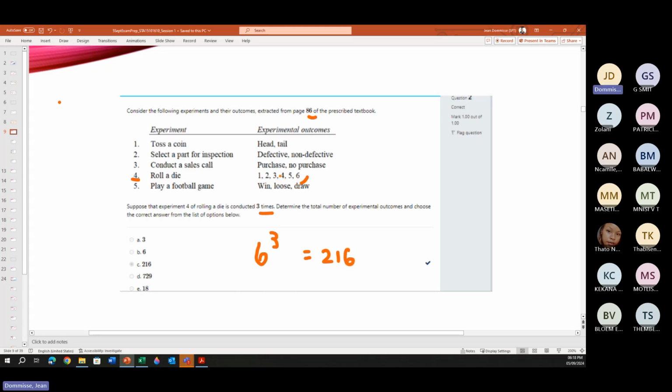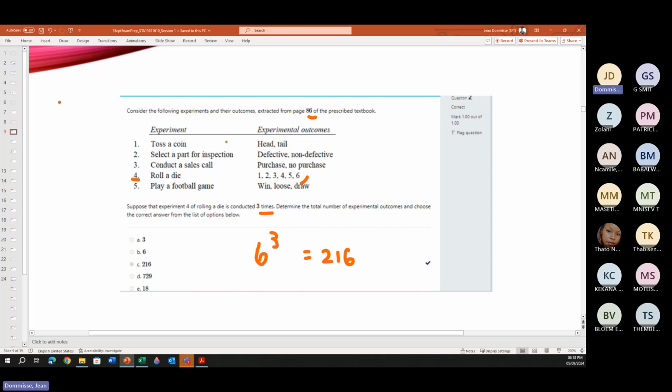Your first roll, you've got 6 outcomes. Then you repeat it, you've got 6 outcomes. You repeat it, you've got 6 outcomes. So in total, you basically have 216 outcomes because it's 6 times 6 times 6.